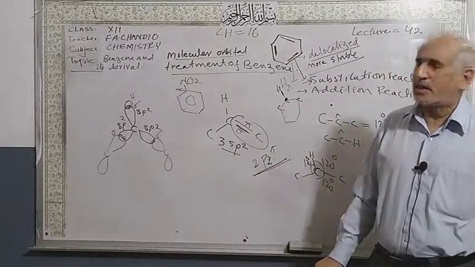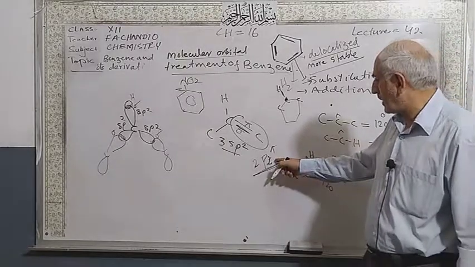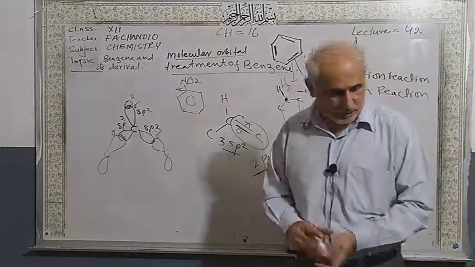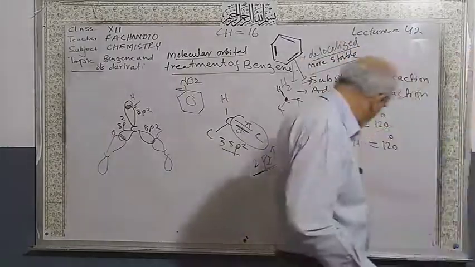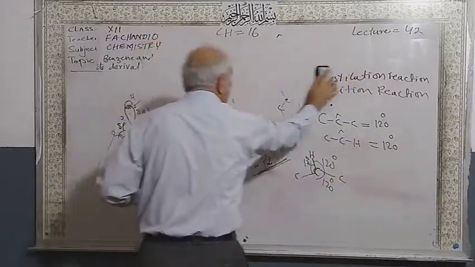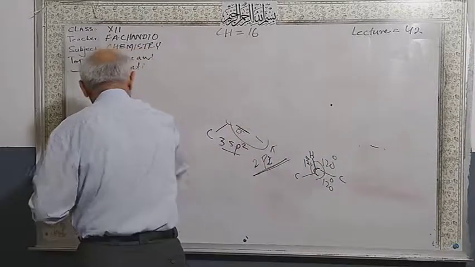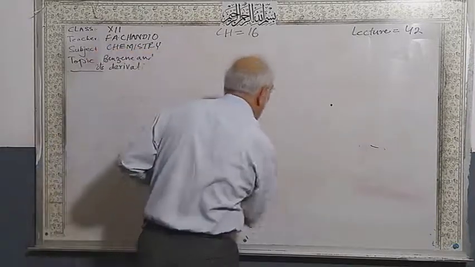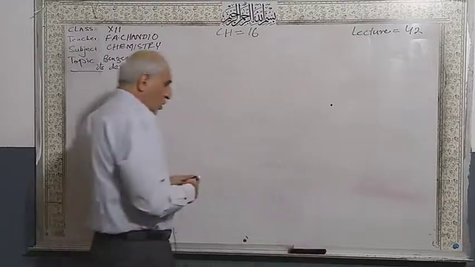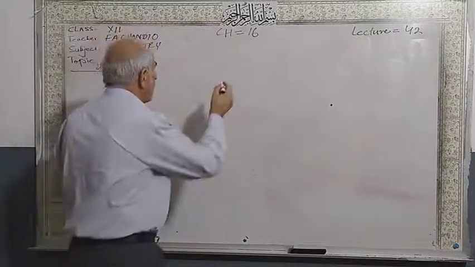There is no hybridization in the 2pz. So each carbon has one, so 6 carbons have 6 unhybridized atomic orbitals. So that's why the structure is like this one.